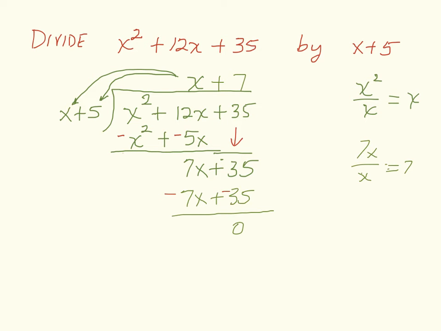Now, how do you check division? We have x plus 5 times x plus 7. How do you check it? By multiplying. You know how to multiply these polynomials now, so check it.